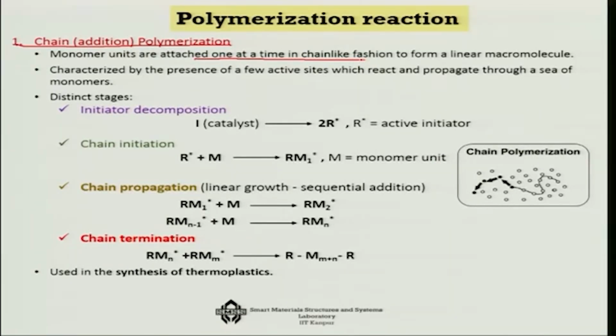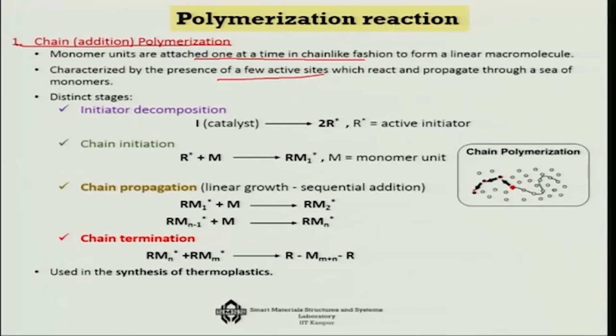Okay, so there are only a few active sites in this case from where the polymerization will start, like this is one active site, and then one after the other the process of polymerization is happening. Only very few such active sites are there.